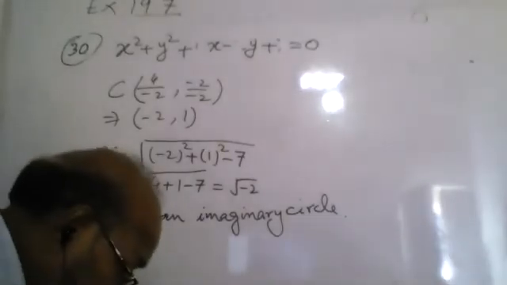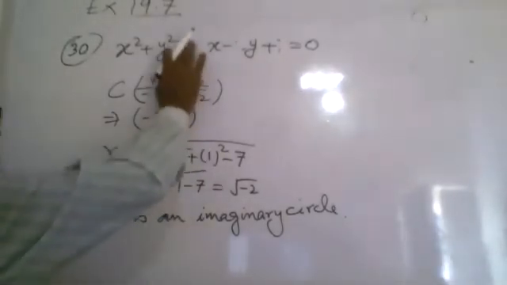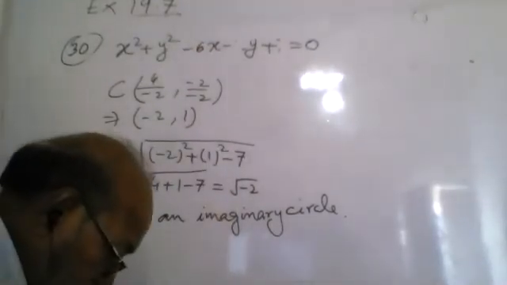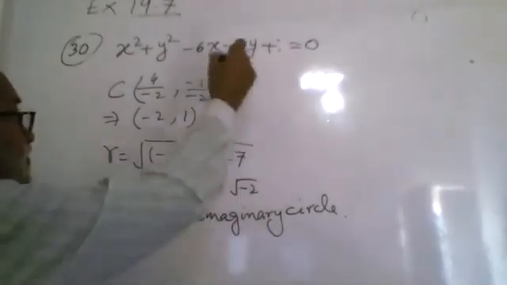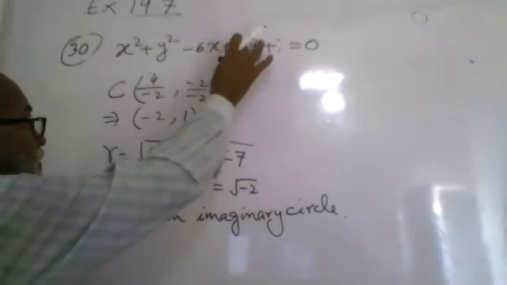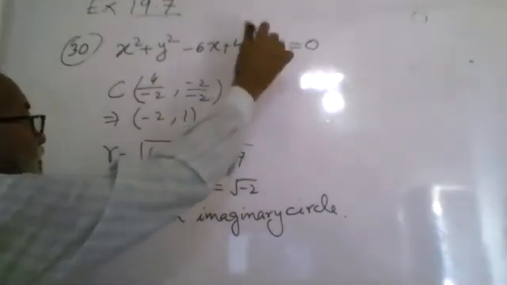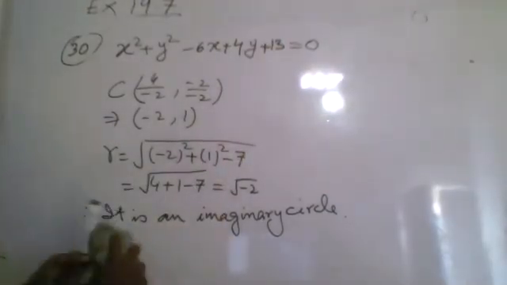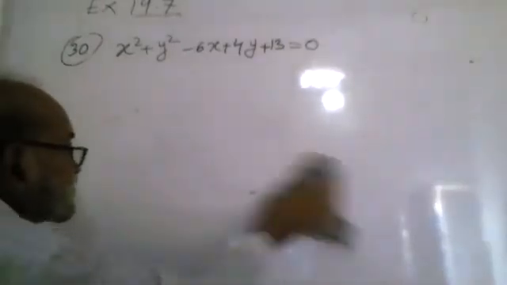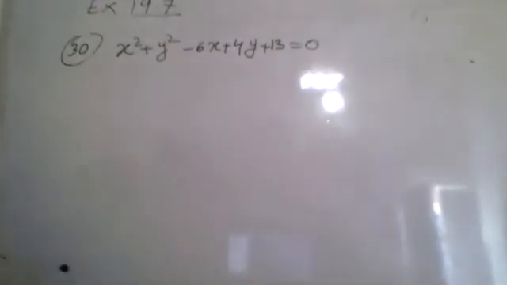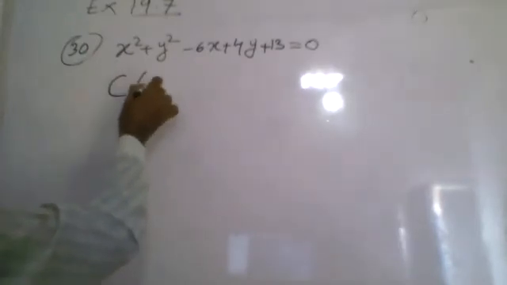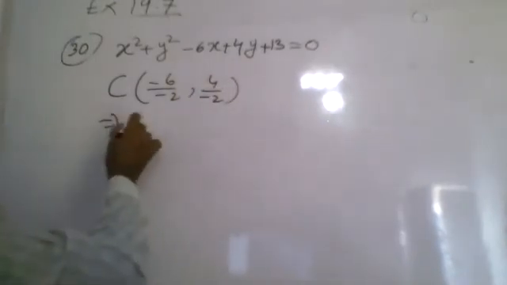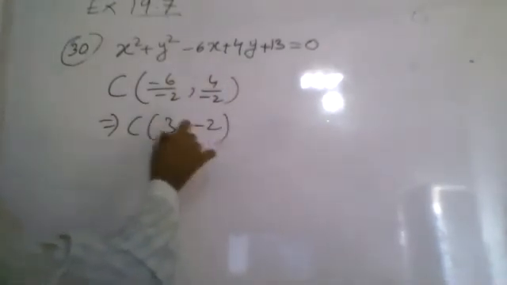First of all, we'll find the center: minus 6 upon minus 2, 4 upon minus 2. The center will become 3 comma minus 2.